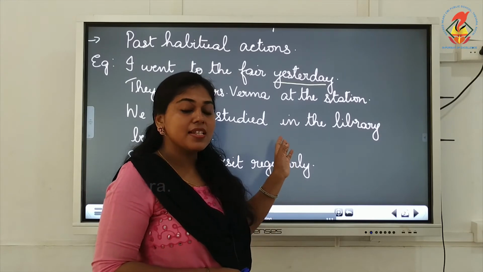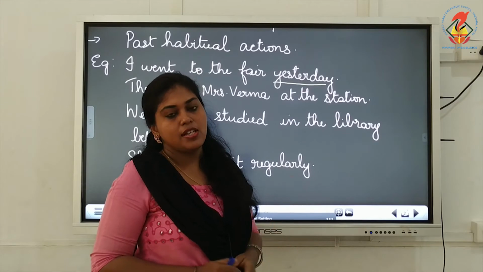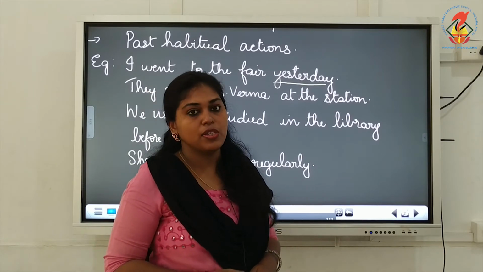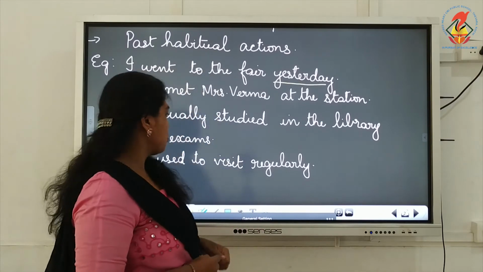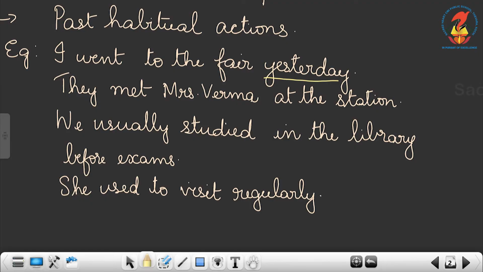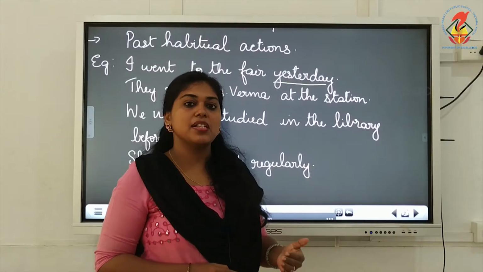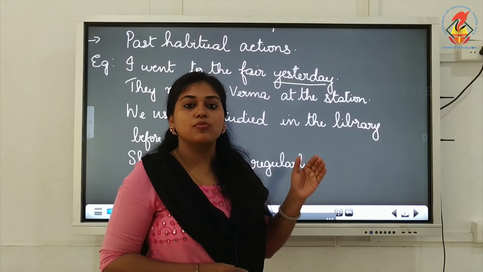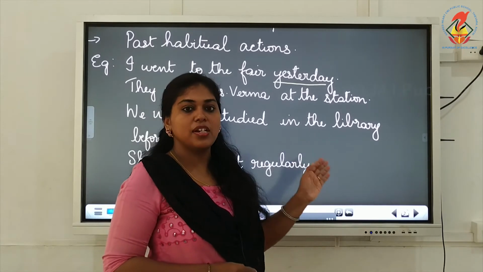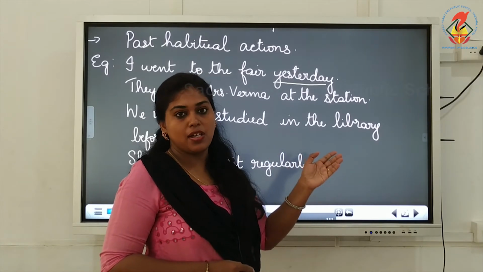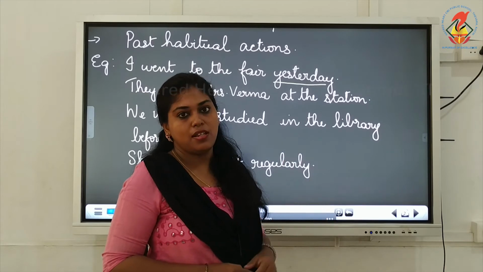So it indicates a past habitual action, and in such situations also we use simple past tense. Let's look at one more example about habitual action. She used to visit regularly. That means sometime in the past that was a regular action. Every day she used to visit in the past. Okay, it is in the past.